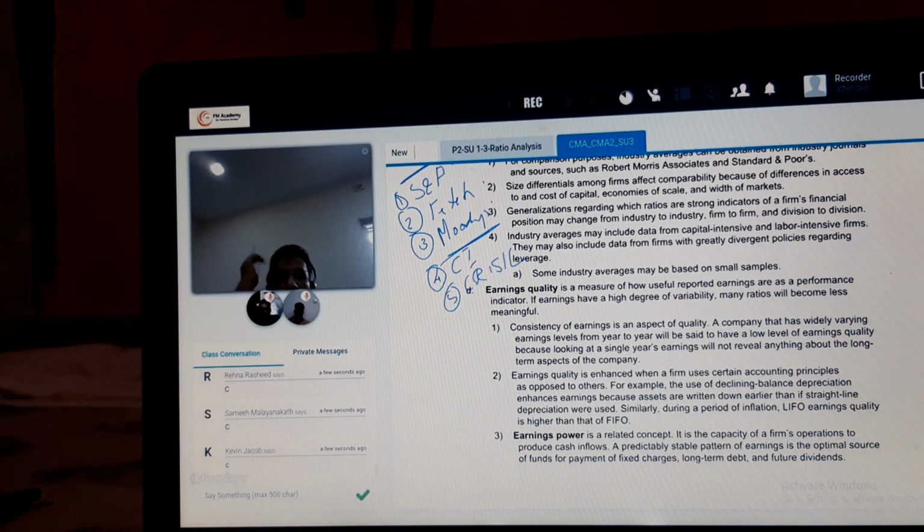See, what is earnings quality? Earnings quality is a measure of how useful the reported earnings are as a performance indicator. How useful means how reliable these earnings are to forecast the earnings for the future. In finance parlance, you are not worried about upside risk.